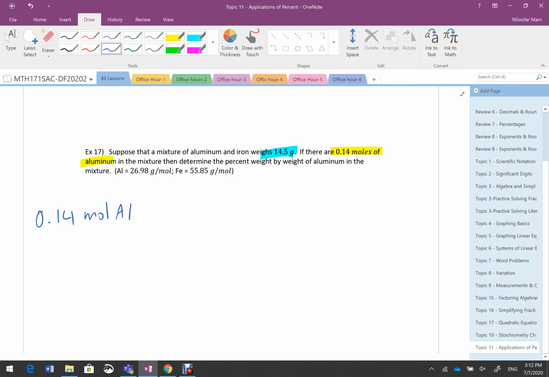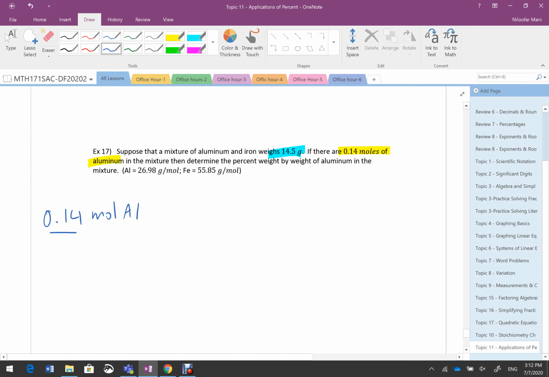It says molarity, so mole per liter. So what do I need here? I need percent W by W, so I need W on top and I need W on bottom. For W bottom I'm okay because I have 14.5 solution. So I write this in the denominator, 14.5 gram solution.